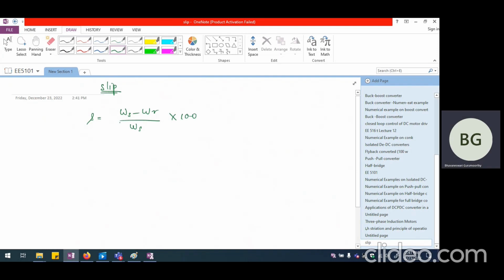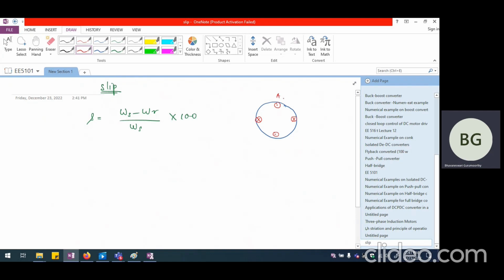So normally when we analyze the induction motor, we are going to assume that there are two poles only, but the induction motor can be wound for more poles. So for example, I can have A here and A dash here, another A1 here, and A dash 1 here.